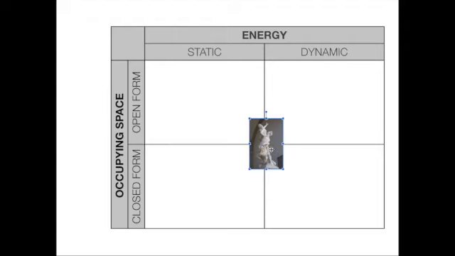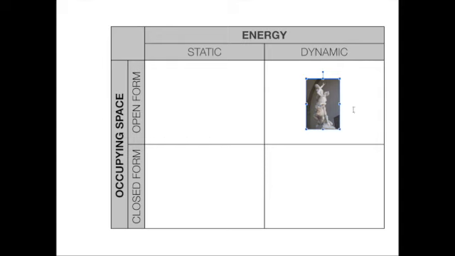And we already know from our previous discussion that this figure is dynamic. So it's going to be in one of these two here, right? But is it closed or is it open? I would probably argue that this figure is actually what we would refer to as an open and dynamic form.